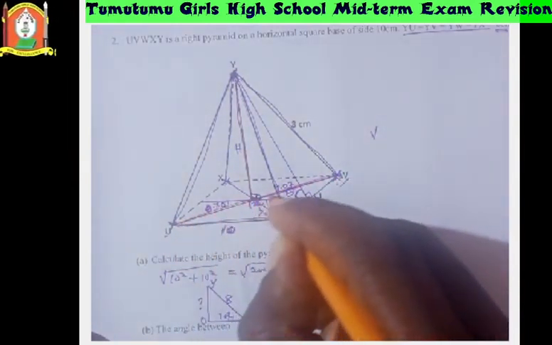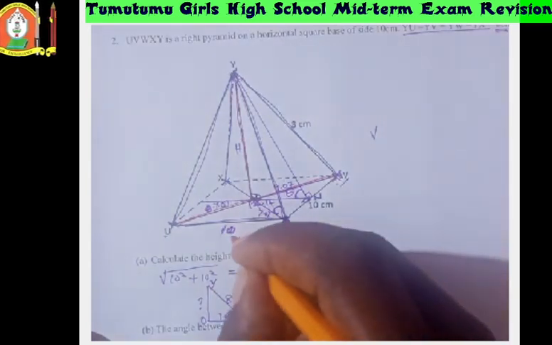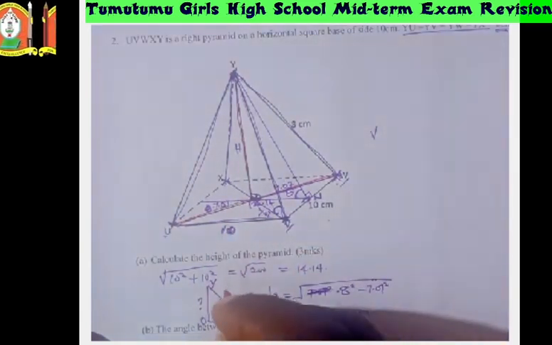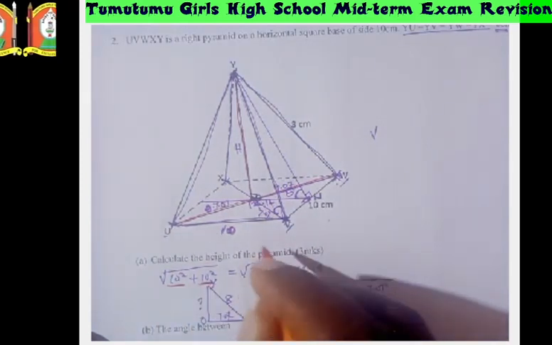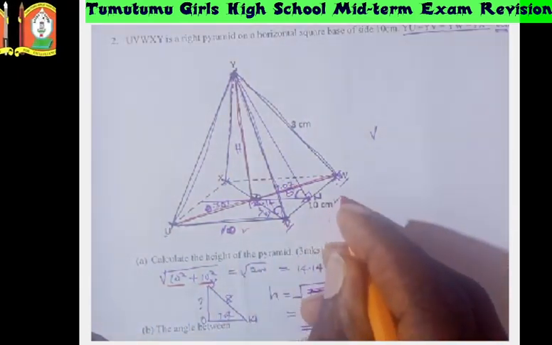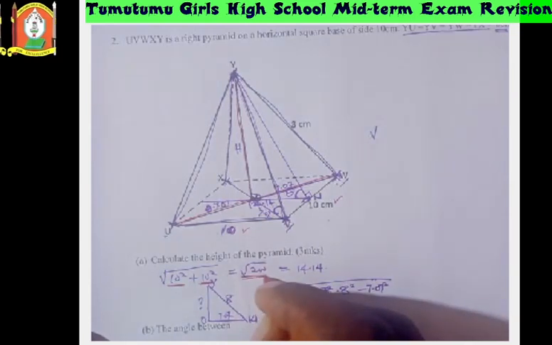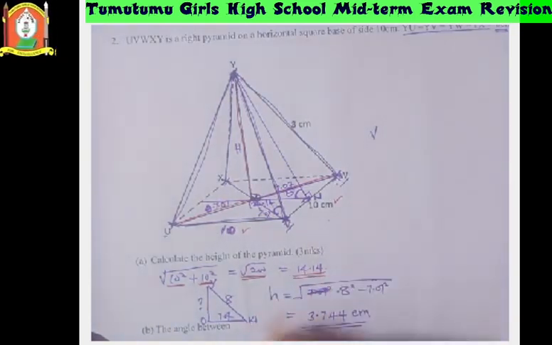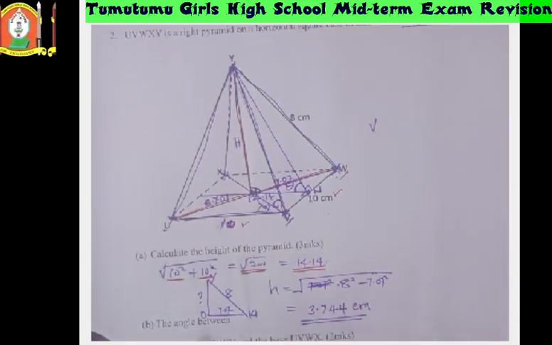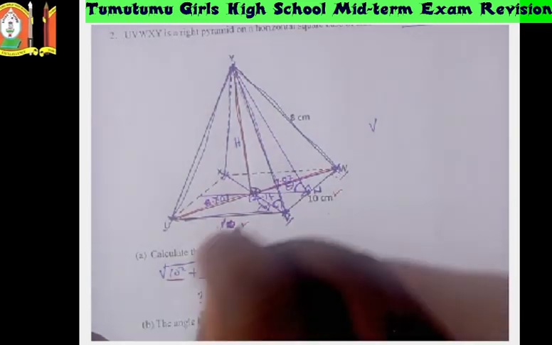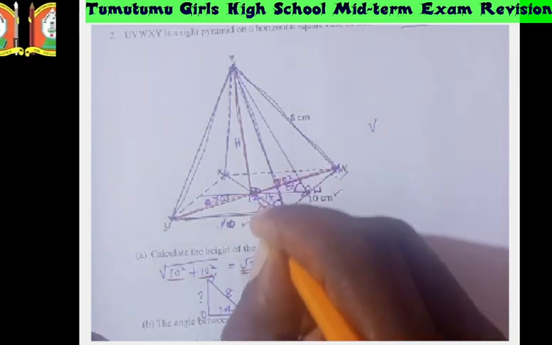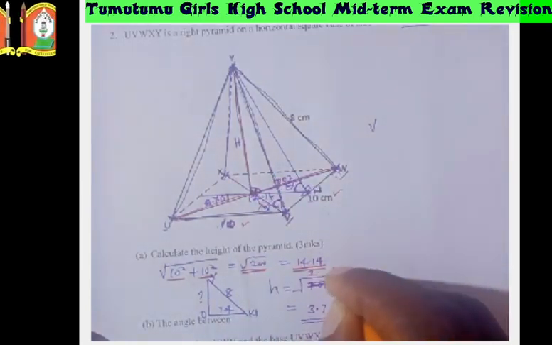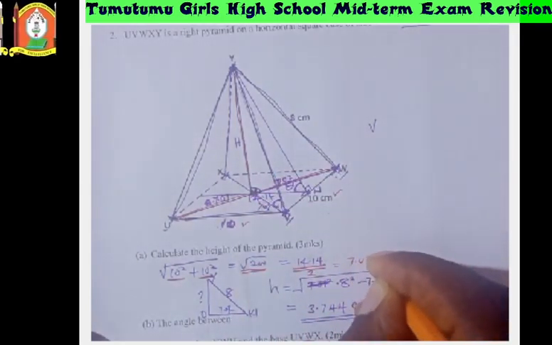And for the diagonal, we calculate the length, which will be equal to 10 squared plus 10 squared, which gives us the square root of 200, 14.14. Now with 14.14, the midpoint will divide the line into 2. 14.14 divided by 2, we get 7.07.